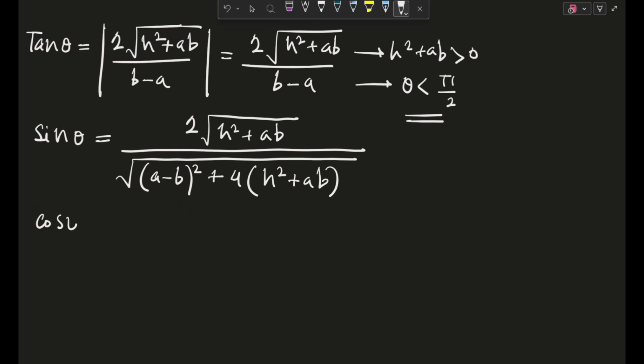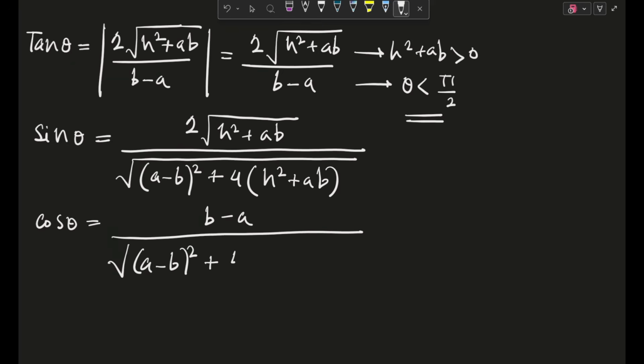Similarly, cosine theta would be equal to b minus a, whole divided by root under of a minus b whole square plus 4 times h square plus ab.